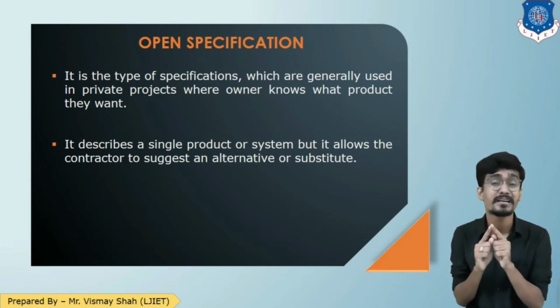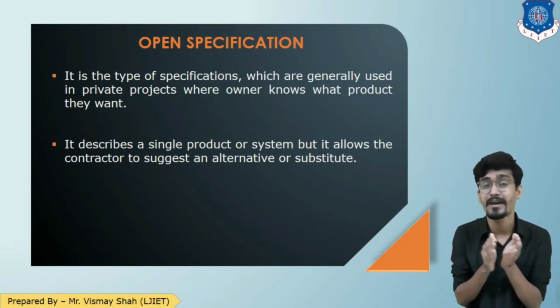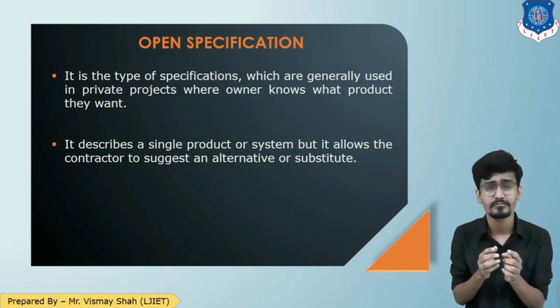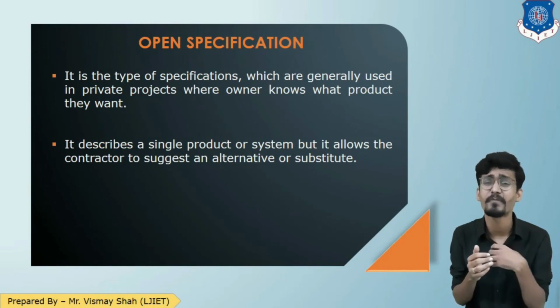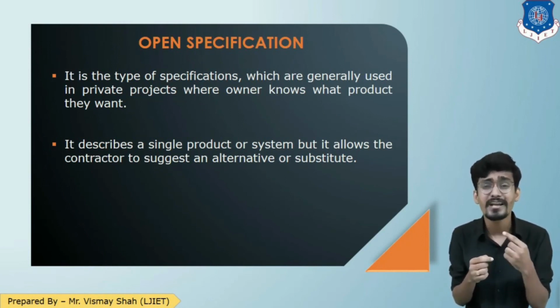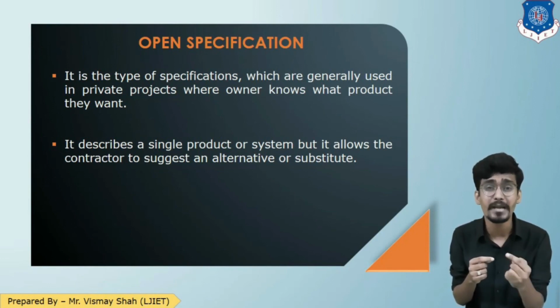Now here, there is a difference between the word alternative and the word substitute. Alternative means you are finding another, for an example, if I am talking about flooring or tiles, alternate means you are trying to find an alternate company or manufacturer for those tiles.